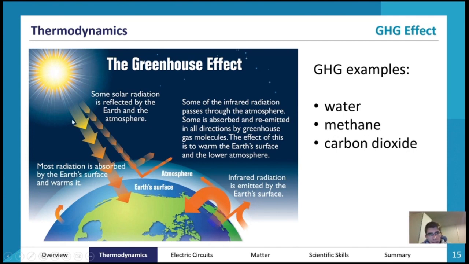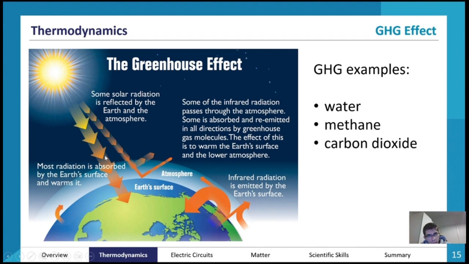But what happens is that this thermal radiation from the sun comes through the atmosphere, and then some of it will be reflected, but some of it will be absorbed again in the Earth's surface. When it is absorbed, it will heat up the surface of the Earth, of course. So the Earth itself will start to emit radiation.